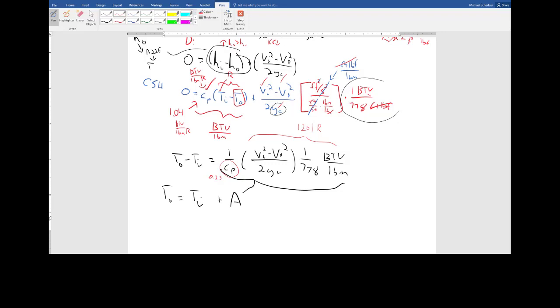But now I divide that by 0.25, and I get that this is equal to 80 approximately Rankine. And this was 290, so this is approximately 370 Rankine. So the problem was that I looked up the wrong value of CP, so I tried to do it too fast.